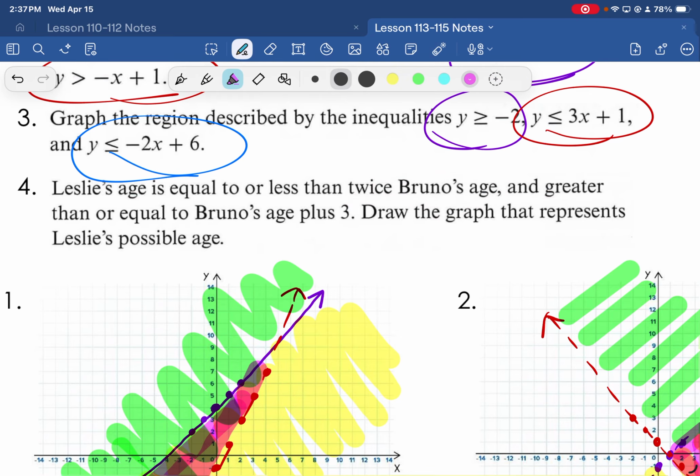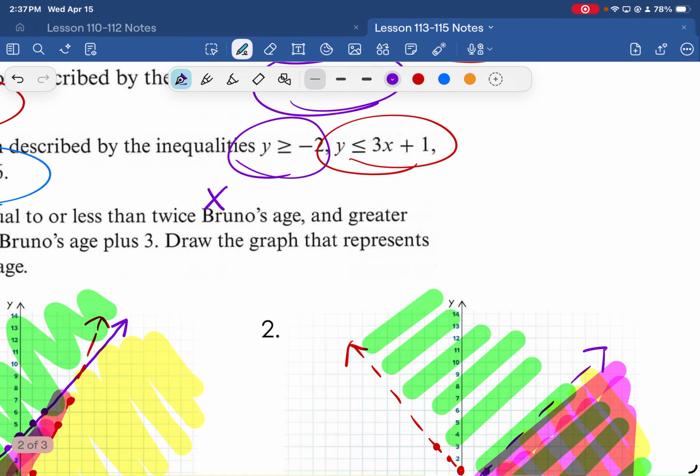So I want you to first designate x, y variables. So we'll make Bruno x and Leslie y. If Leslie's age is less than or equal to twice Bruno, that's our very first inequality.